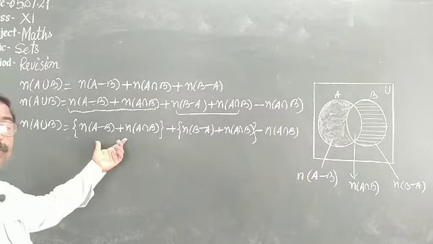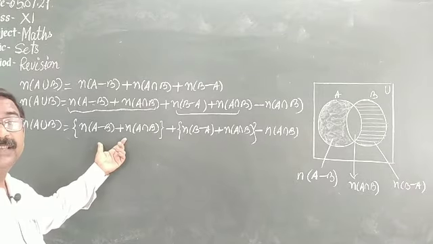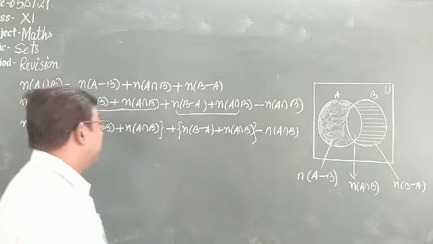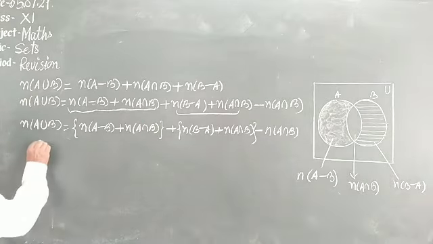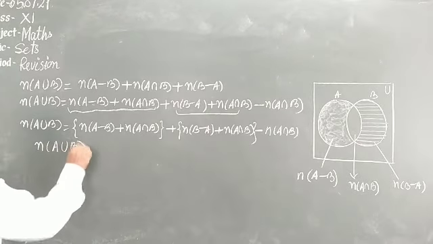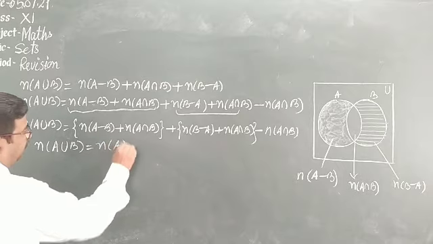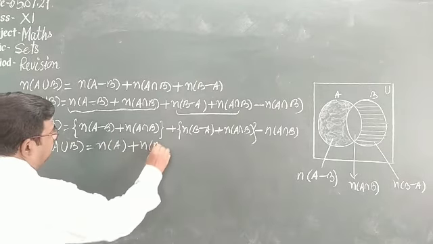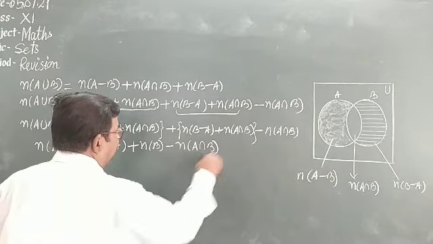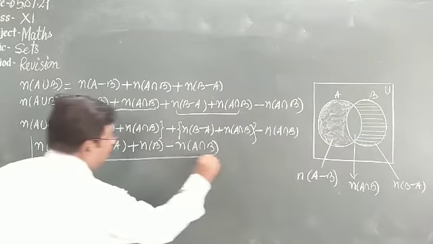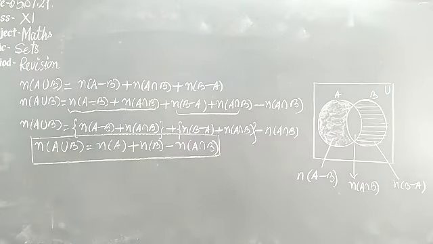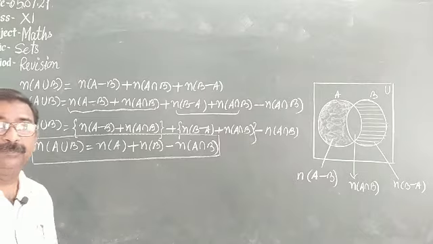Combining the first two gives set A. Combining the next two gives set B. So we can write N(A union B) is equal to N(A) plus N(B) minus N(A intersection B). This is the formula of cardinal number of sets for two sets only.